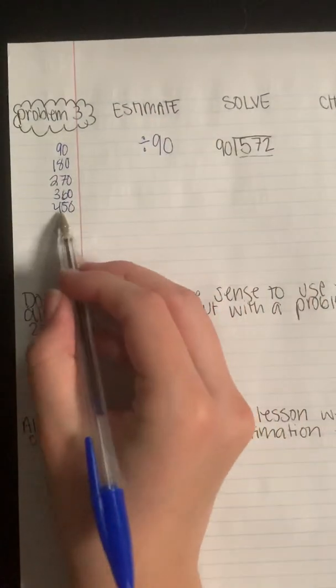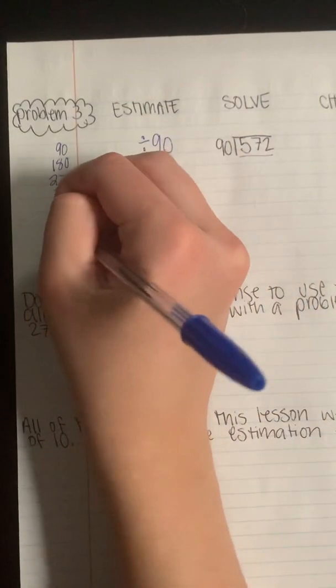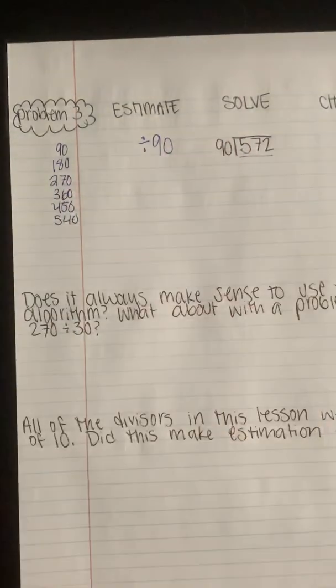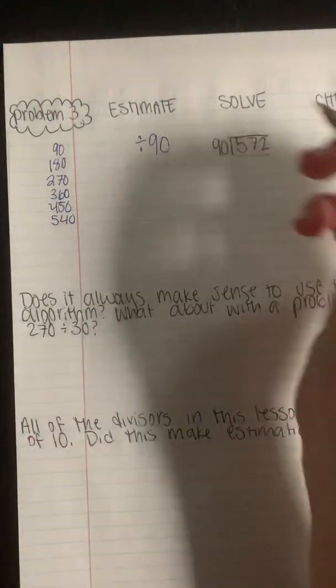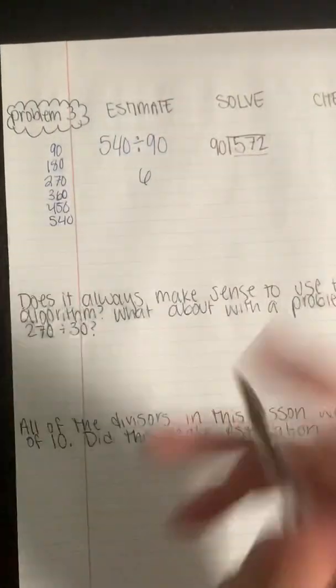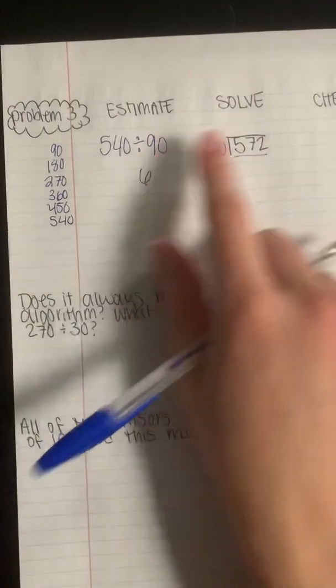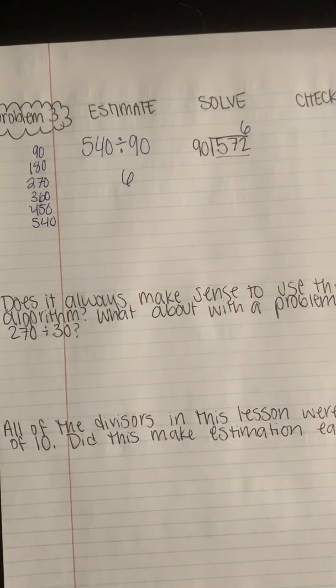When I do times 5, I get 450, so we're getting closer. Times 6 is 540. Ooh, that's only 32 away. So 540 divided by 90 would be 6. That is going to be what I attempt to use here in my standard algorithm.